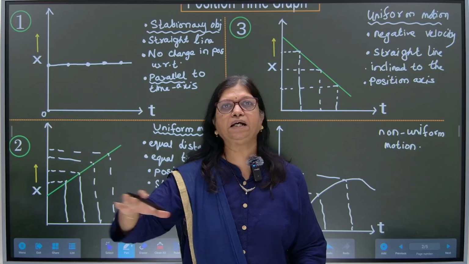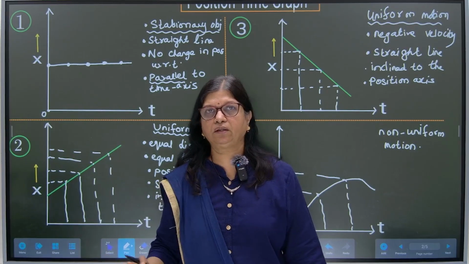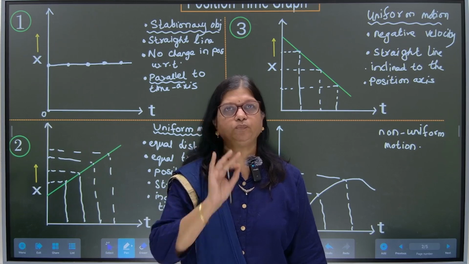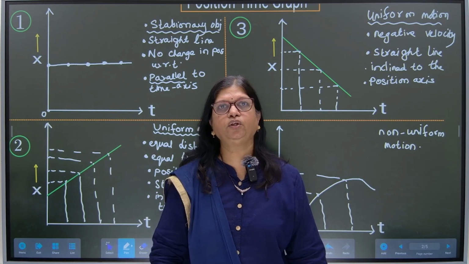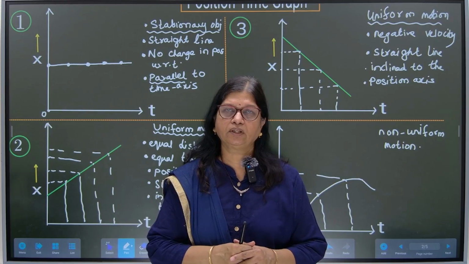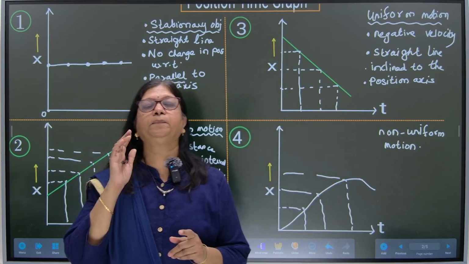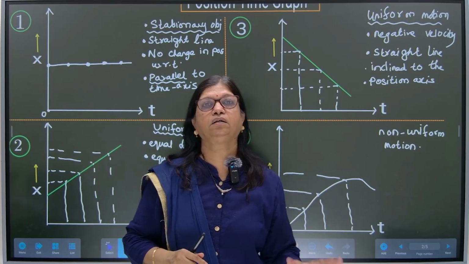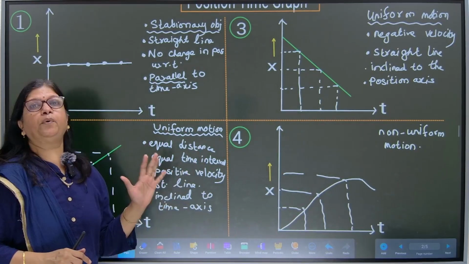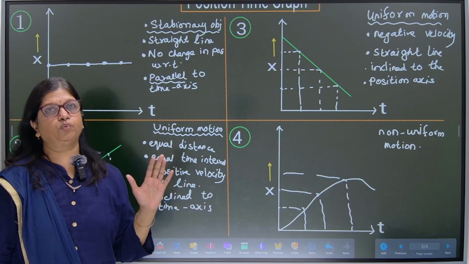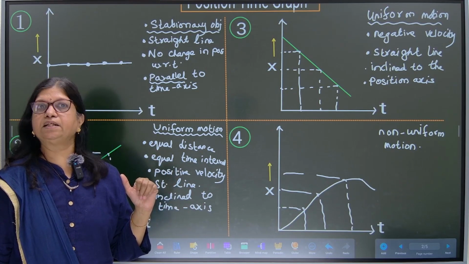According to the time passing, there is no particular pattern of position followed by the object. Then it is a non-uniform motion and it is going in its own way. So, for a position time graph, these are the basic possible graphs which are available to us. Is it clear?